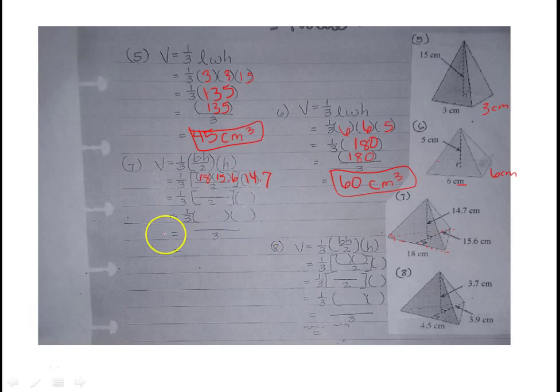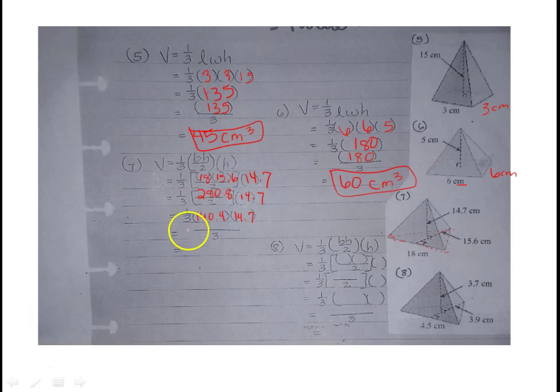That always helps. So we have 18 times 15.6, and that's 280.8. Of course, it's still divided by 2 times 14.7. All right, 280.8 divided by 2 is 140.4. And of course, you still bring down your 14.7.